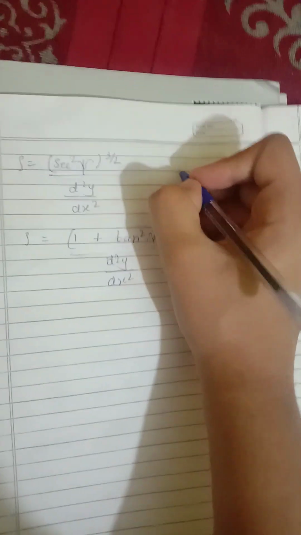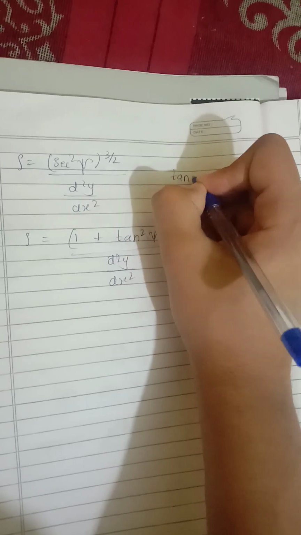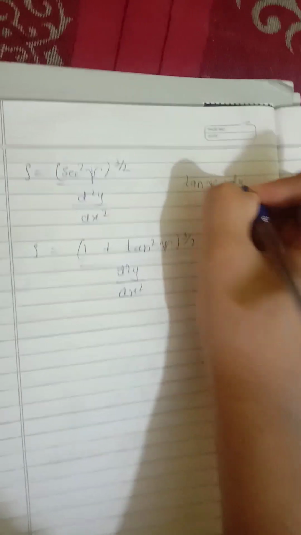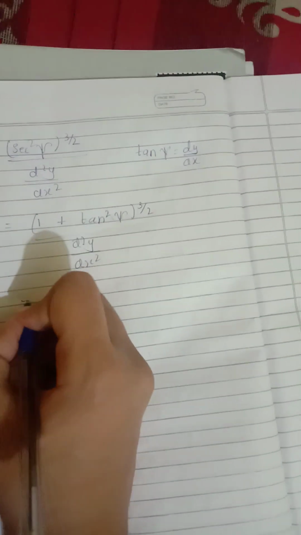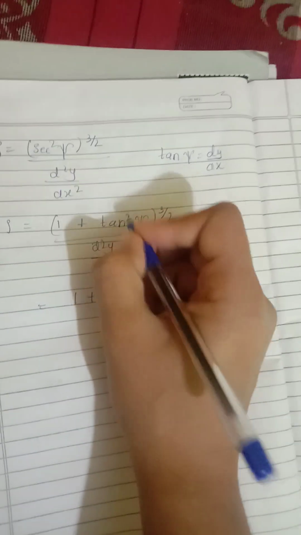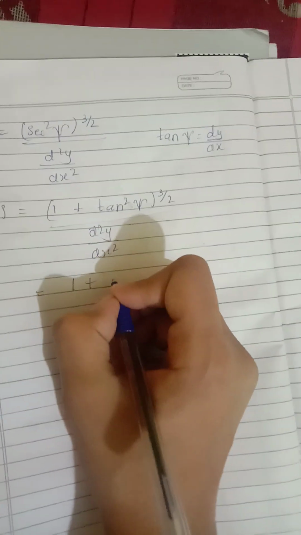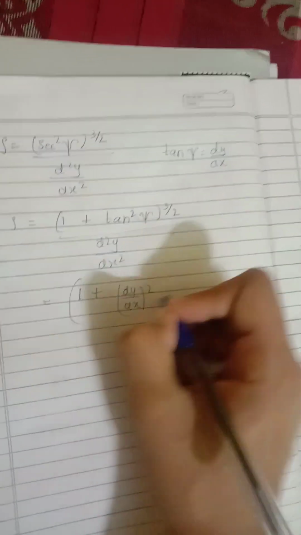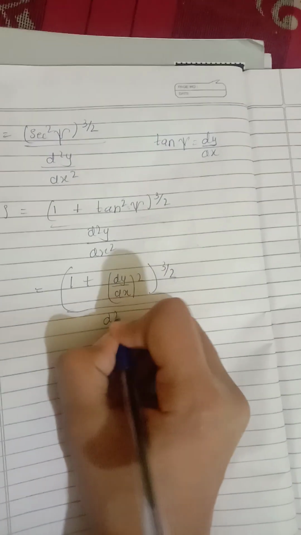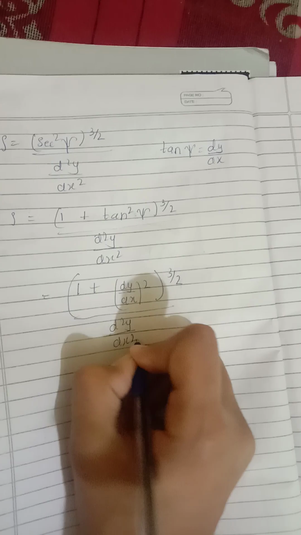We started our derivation by considering tan psi as dy by dx, so we'll replace this here. Now we will get 1 plus tan square psi becoming dy by dx whole square, whole raised to the power 3 by 2, divided by d square y by dx square.